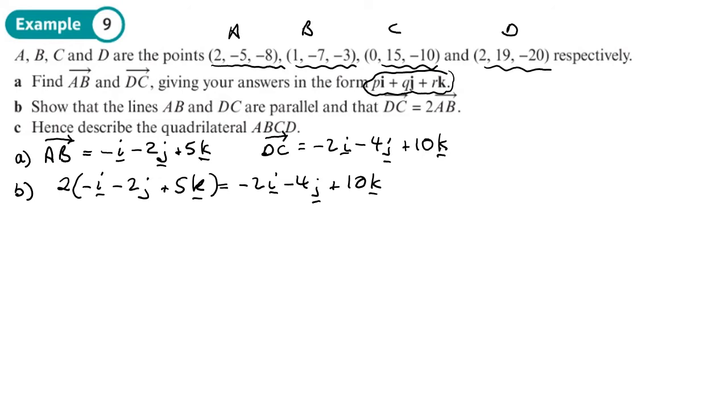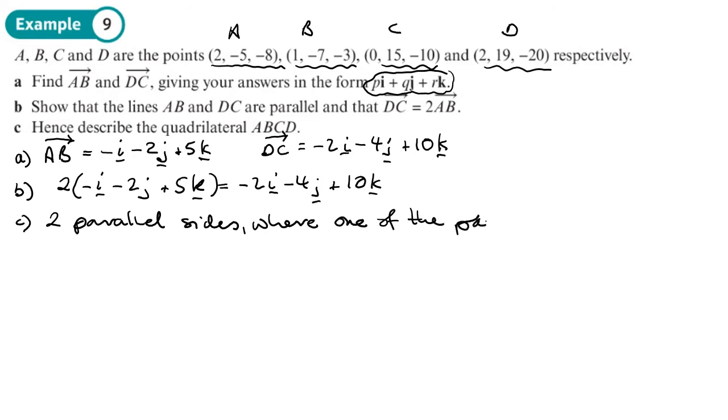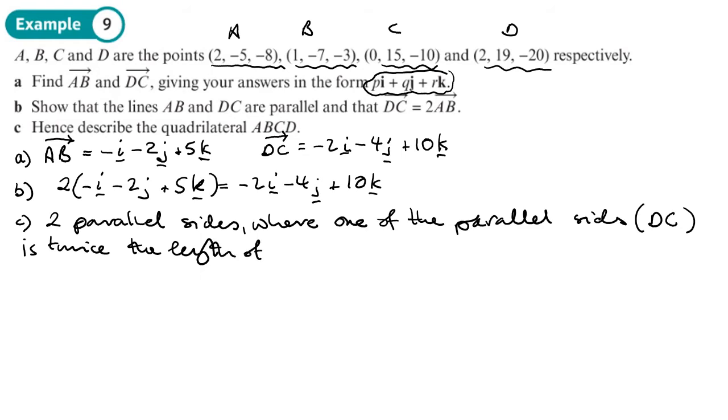Hence, describe the quadrilateral. Well, what have we got? We've got 2 parallel sides, where one of the parallel sides, and actually that's the side DC, is twice the length of AB.